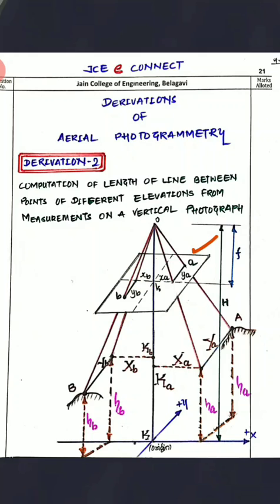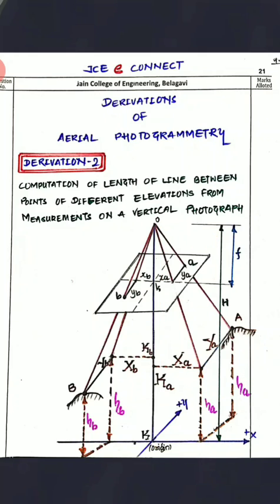Here you have K, which is the principal point of the photograph, and O is the exposure station. The distance between O and K is F. The distance between O and the datum is H, and HA and HB I have already told you. By referring to these, you are supposed to get the distance between the two points A and B.